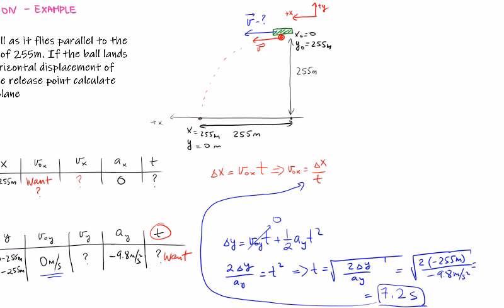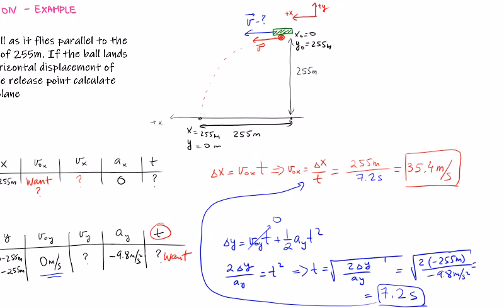So v naught x equals delta x, which was 255 meters, over the time, which was 7.2 seconds. That equals 35.4 meters per second. So this would be my answer.